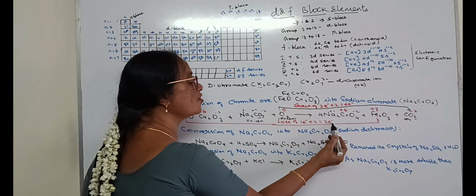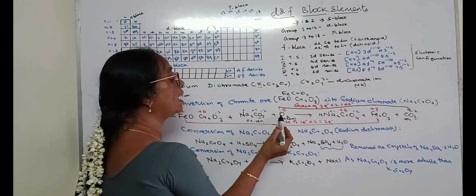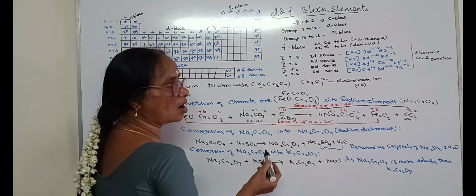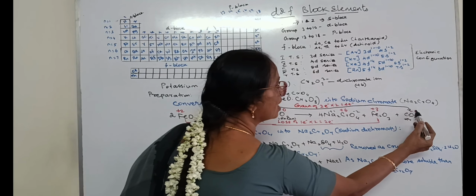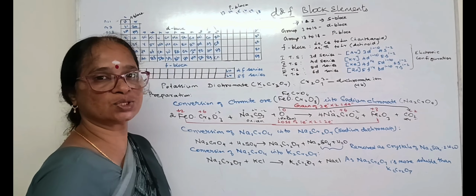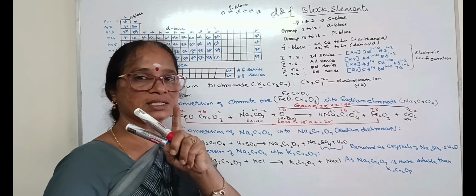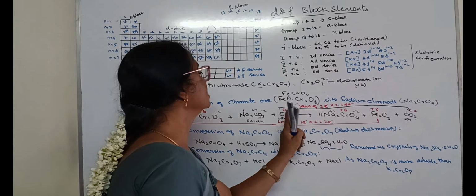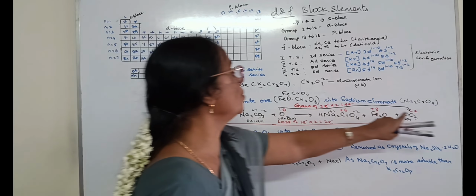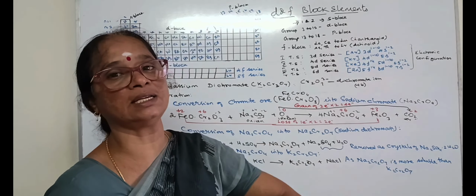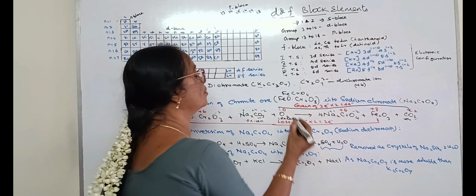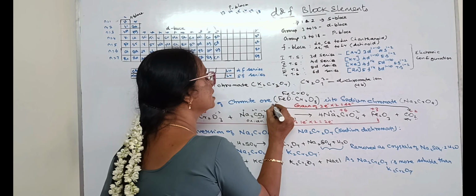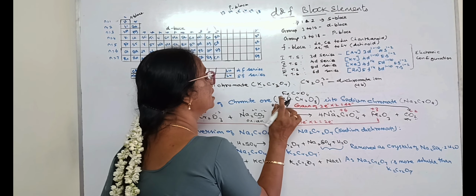Here the electrons lost are gained by the molecular oxygen, where it is converted into -2. That means 1 oxygen atom gains 2 electrons. That's why it decreases from 0 to -2. Oxidation number decreases. So when the oxidation number decreases, that reaction is said to be a reduction reaction.